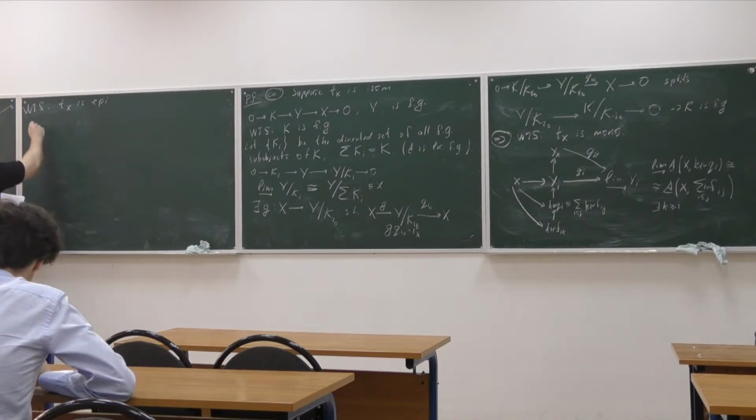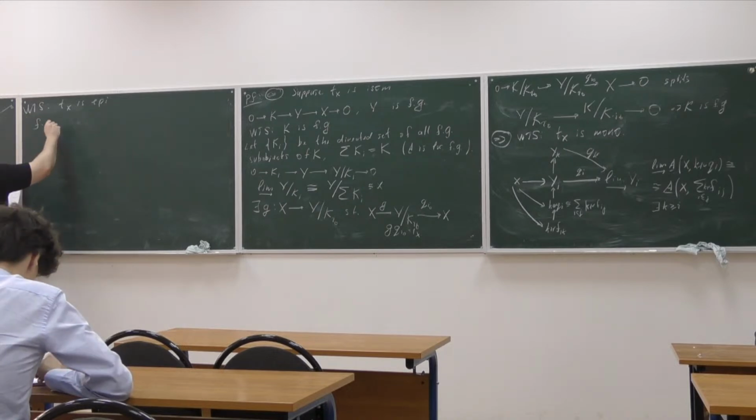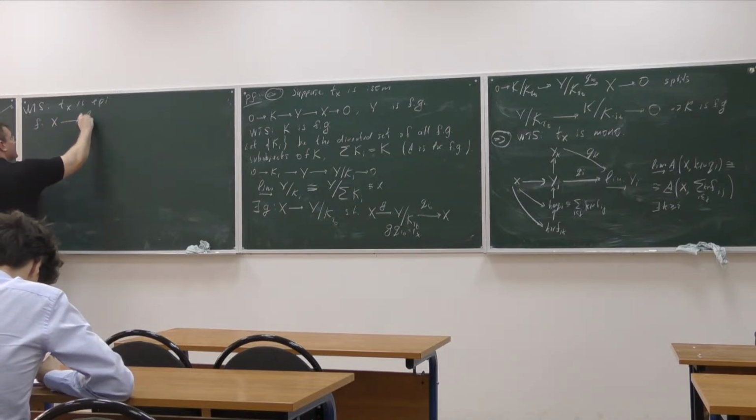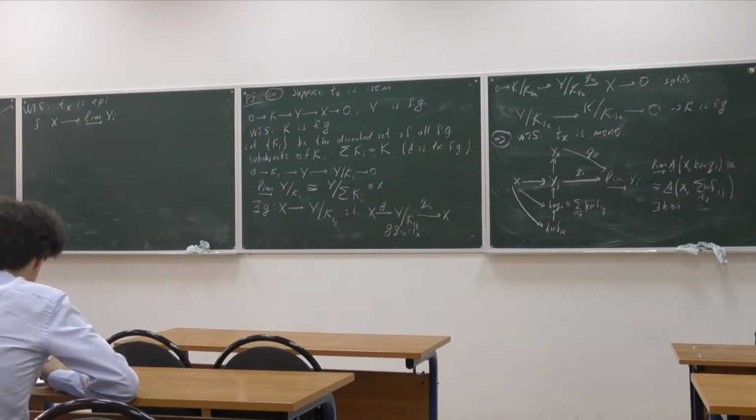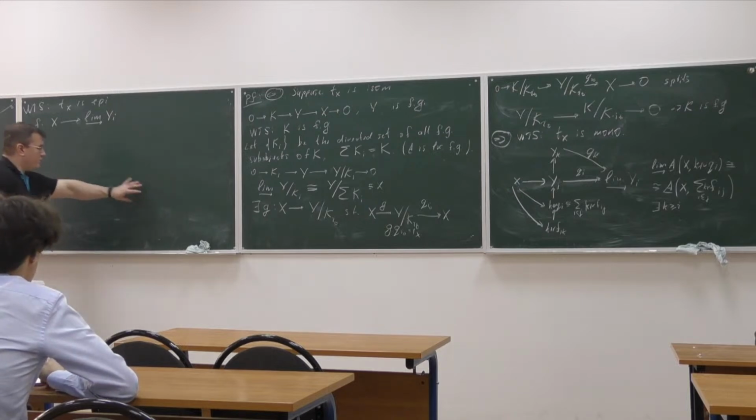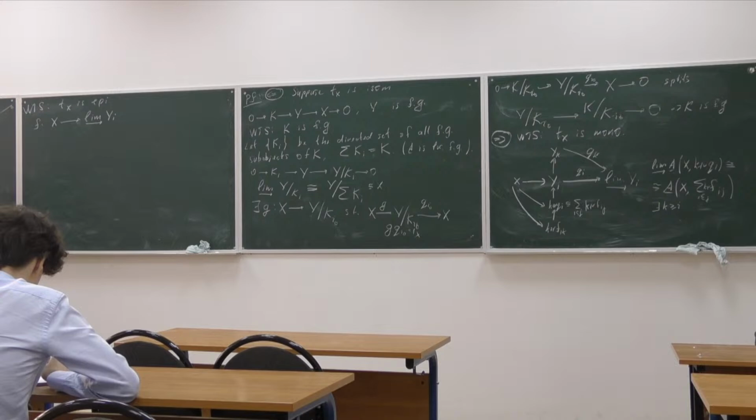Let's fix a map. Let's say f is a map from the x to the limit. I want to leave this map to the left-hand side of the formula. So this is f.